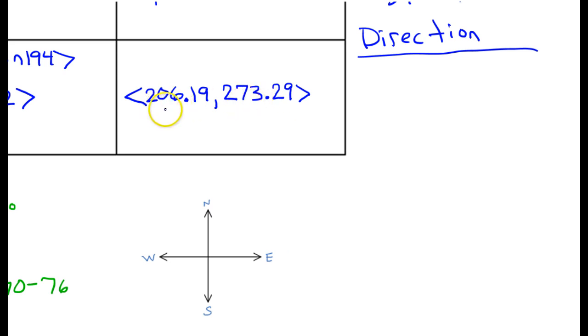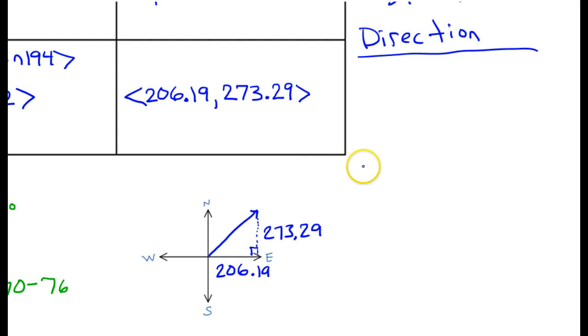That means we are going to the right and up, or east and north, which means that we're talking about a vector in the first quadrant, which makes this a little bit easy. So it was right 206.19, or east, and I'm making a triangle out of this, by the way. And it is up 273.29.